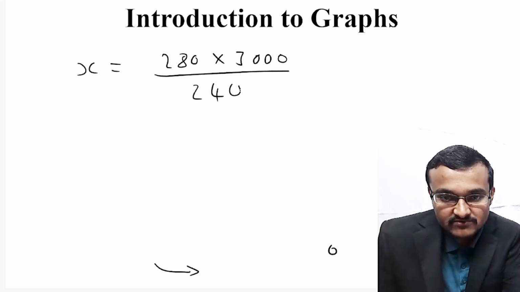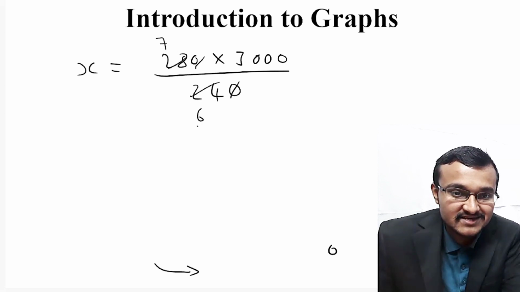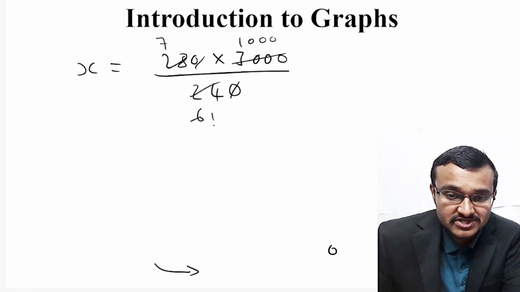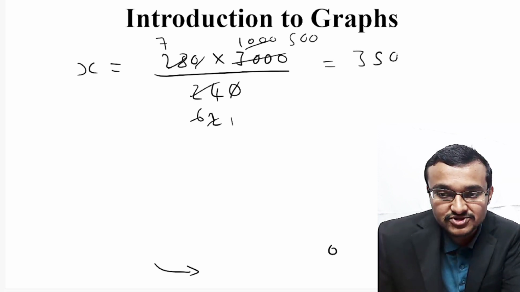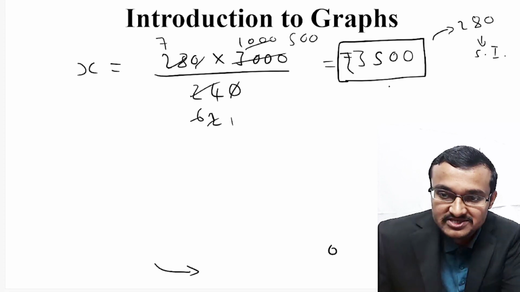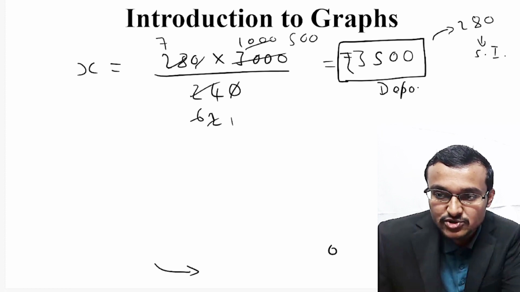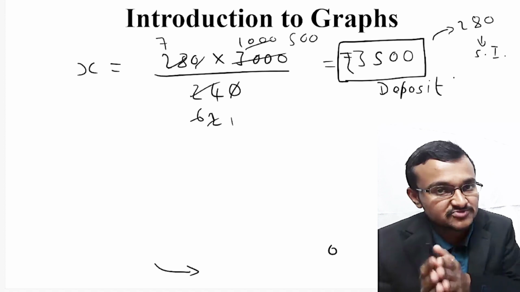Here the zeros get cancelled with each other. 4 sixes are 24, 4 sevens are 28. 3 ones are 3, 3 twos are 6. 2 ones are 2, 2 five hundreds are 1000. 500 into 7 is 3500. So 3500 rupees is the deposit you should keep to get 280 rupees as simple interest. 3500 is the answer for this third question in part C.